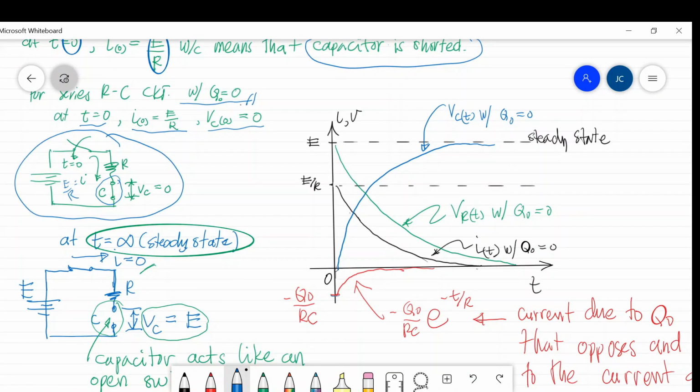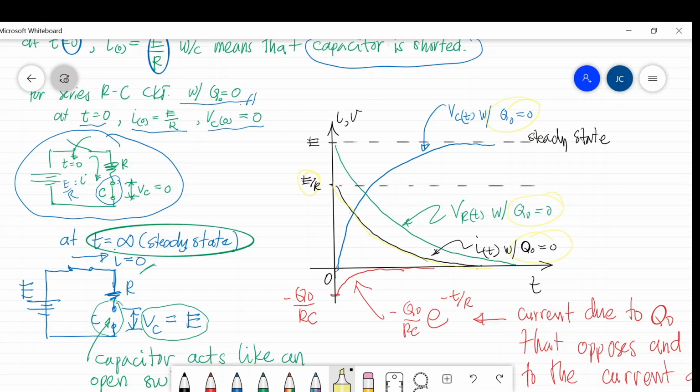If we are going to plot the response of the voltages and current in the capacitor, let us consider first its response with Q sub O equals 0. The current in the RC circuit starts at E over R, and it decays to 0 as time elapses.